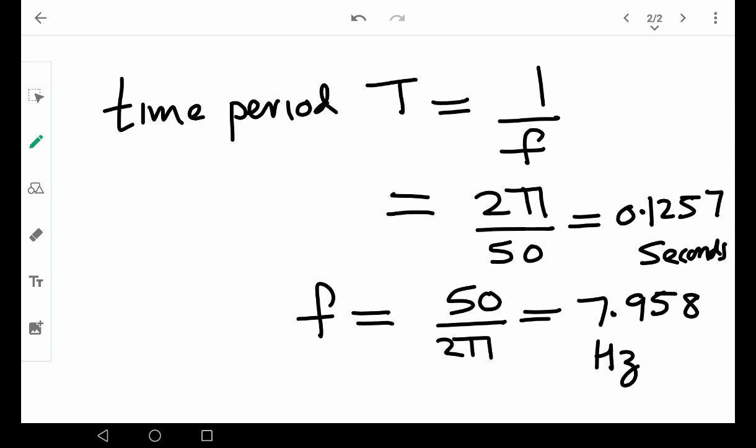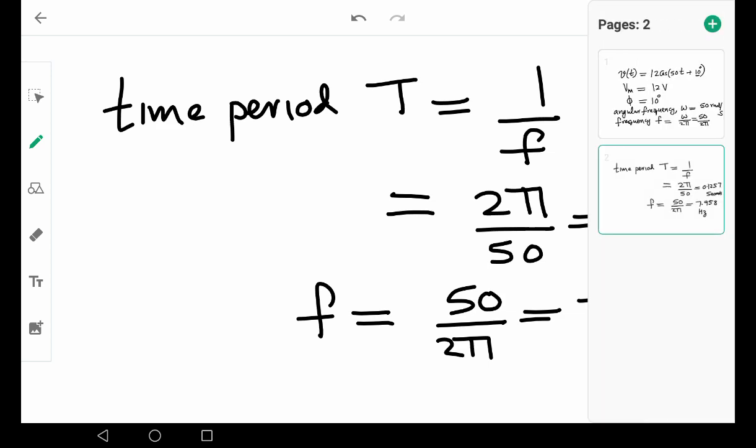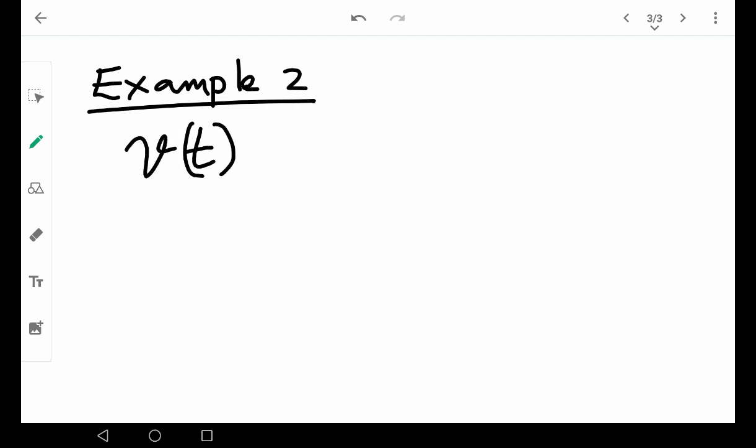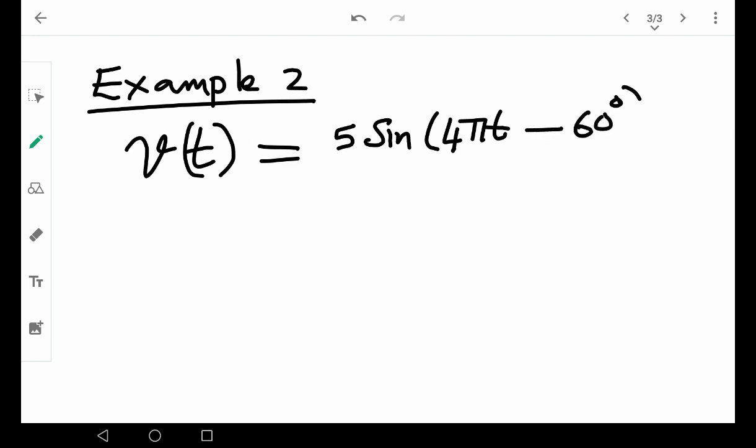Now, suppose I give you a bit more complicated problem. Example 2: a voltage waveform is given by V of t equal to 5 sine (4 pi t minus 60 degree).